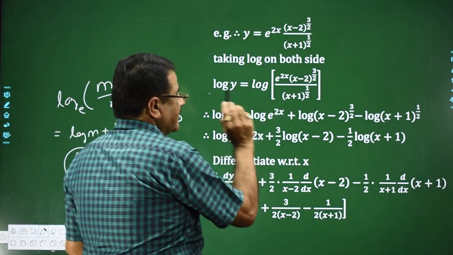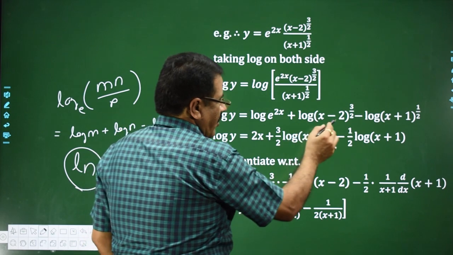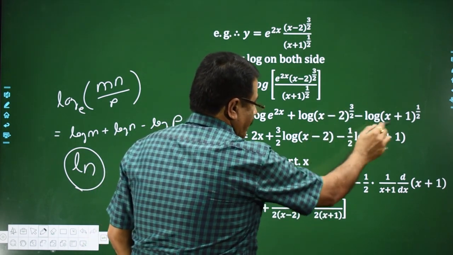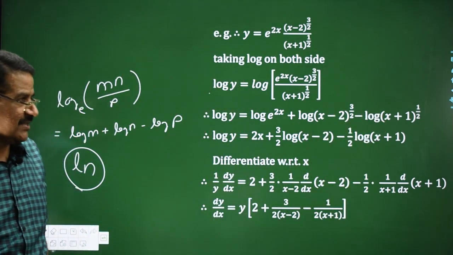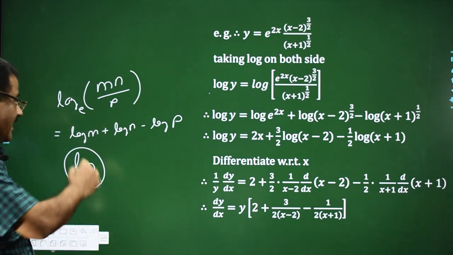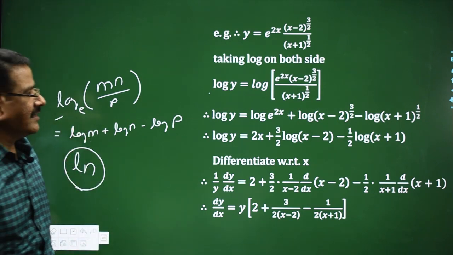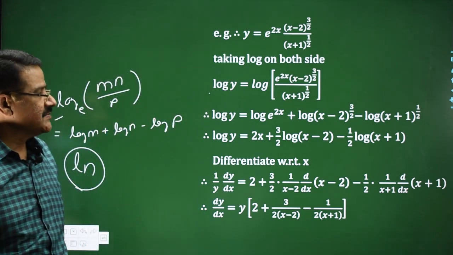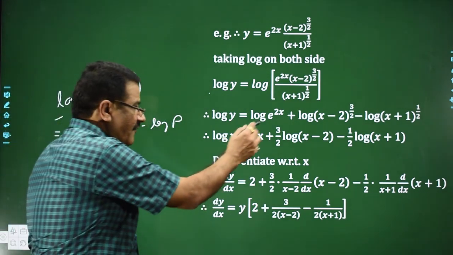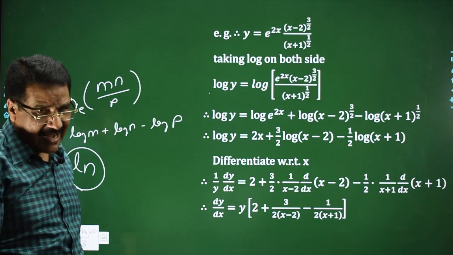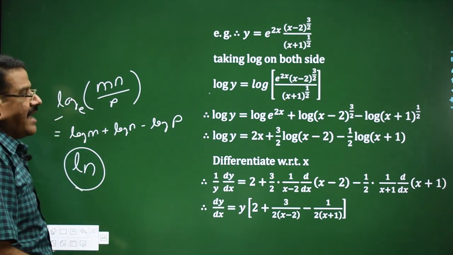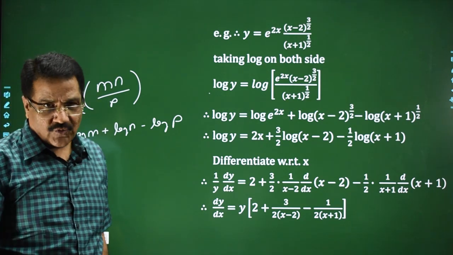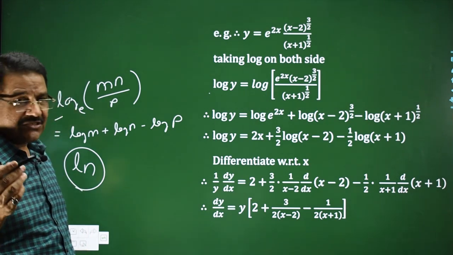So, log of e raised to 2x plus log of x minus 2 raised to 3 by 2 and minus log of x plus 1 bracket raised to half. Exactly in the same manner, numerator terms are in the form of addition and denominator term is in the form of subtraction. Now, log of e raised to 2x, that exactly I am talking that it is a natural log, and that is why log of e raised to 2x can be written directly as 2x.